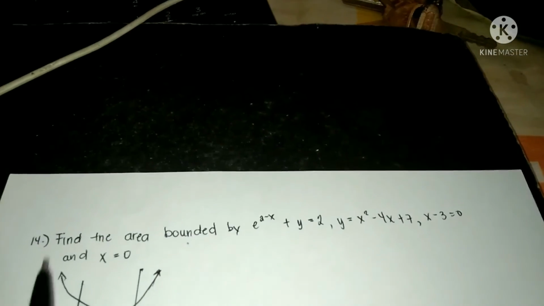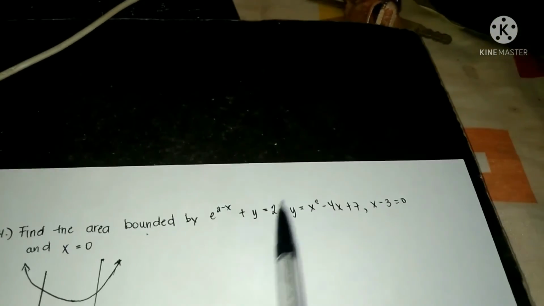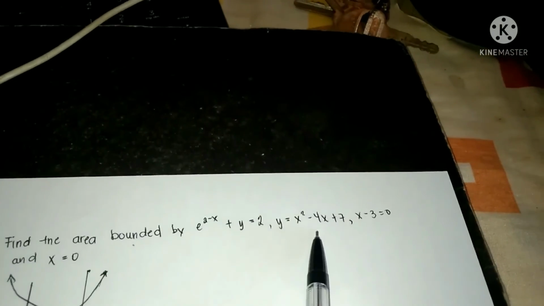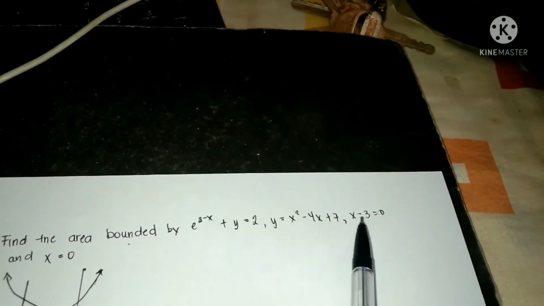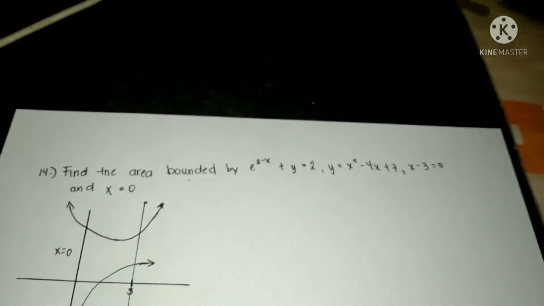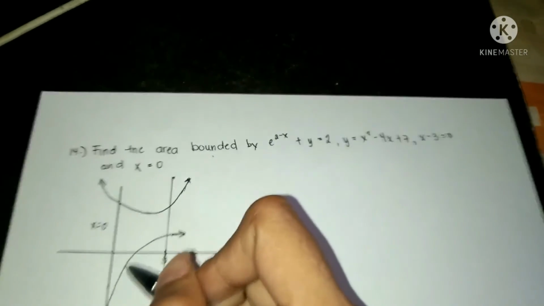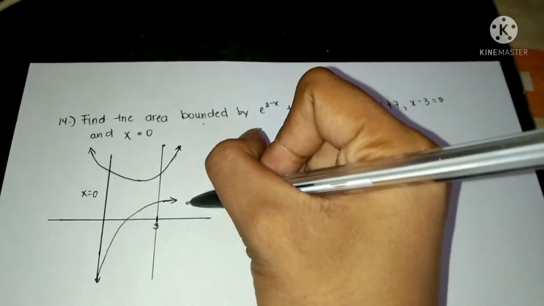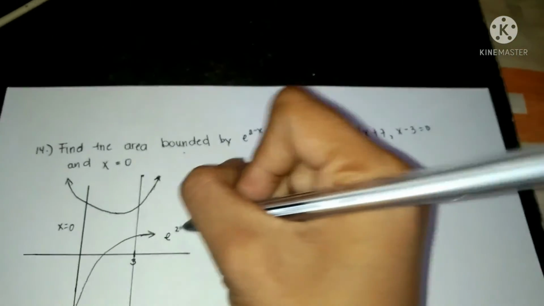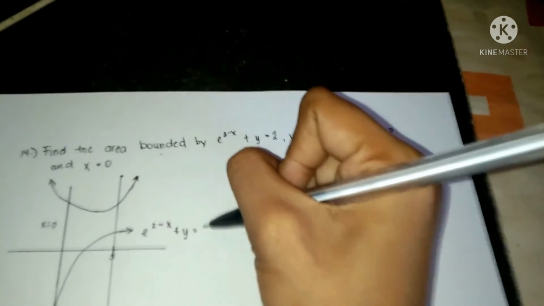So next is find the area bounded by e raised to 2 minus x plus y is equal to 2, y is equal to x squared minus 4x plus 7, and x minus 3 is equal to 0, and x is equal to 0. So this is the graph of this. So ito is yung graph ng e 2 minus x plus y is equal to 2.